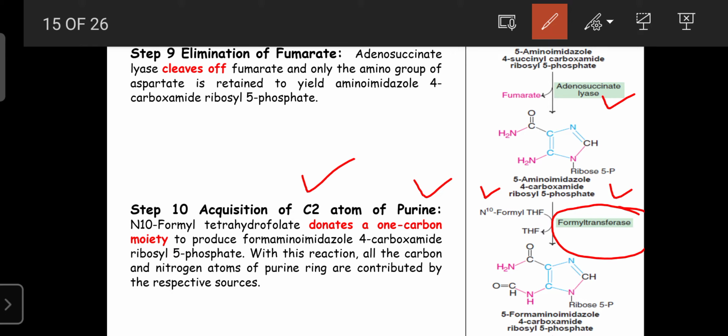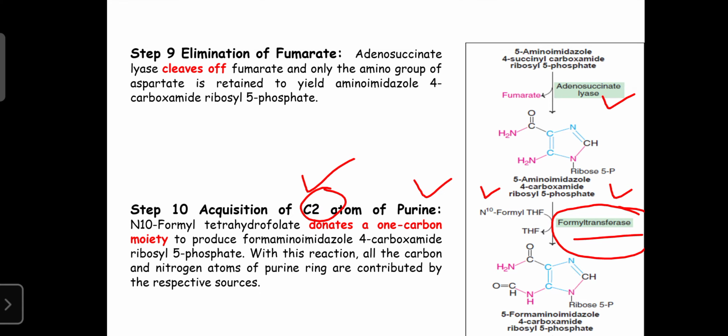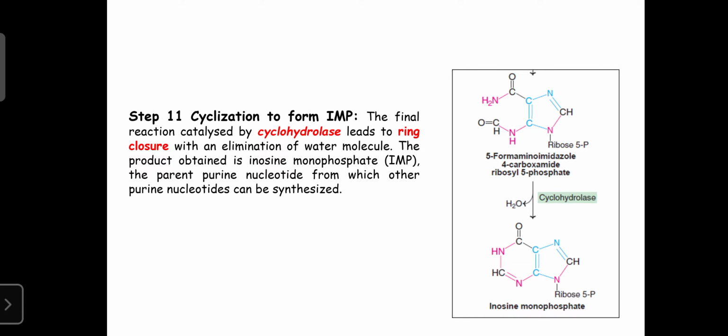So then the 5 formamido imidazole 4 carboxamide ribosyl 5 phosphate is formed. Another carbon atom is added in the presence of the formyl transferase by utilization of N10 formyl tetrahydrofolate.